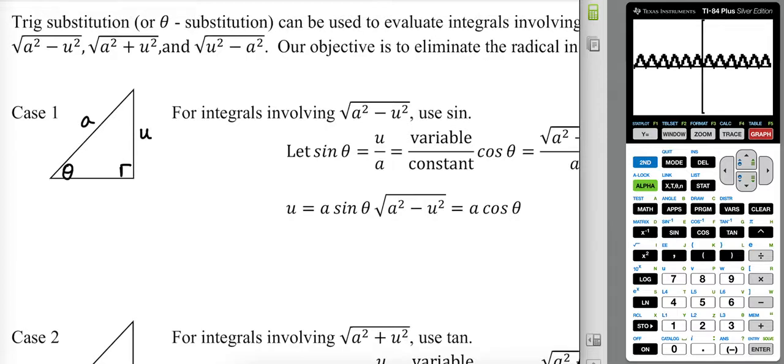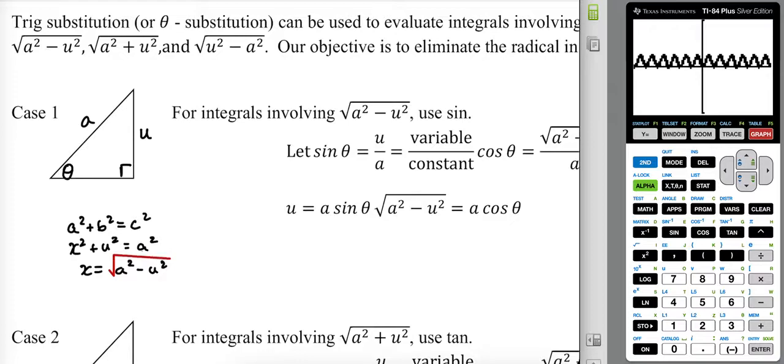If we use the Pythagorean Theorem, a squared plus b squared equals c squared, we would have an unknown plus u squared equal to, well, I already used a. A is my hypotenuse, so let me use something else. I'll use x. x squared plus u squared is equal to a squared. If I solve for x, I'm going to be subtracting u squared from both sides and taking the square root.